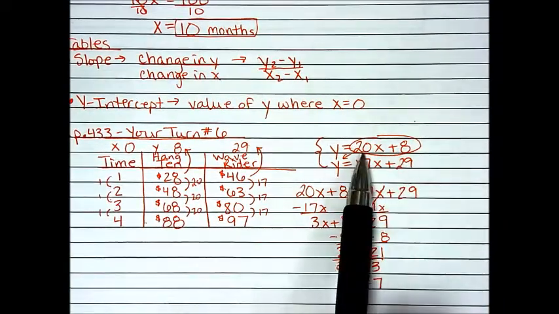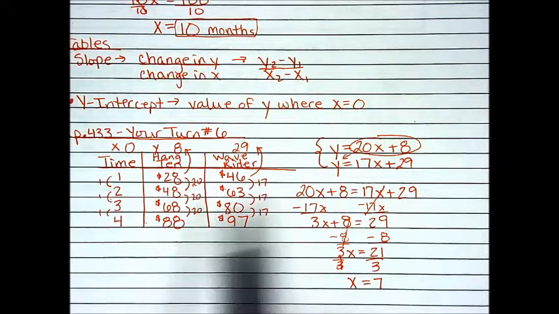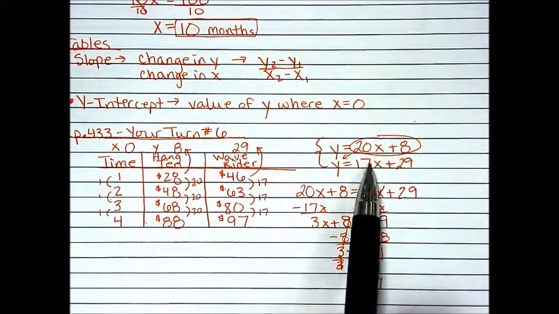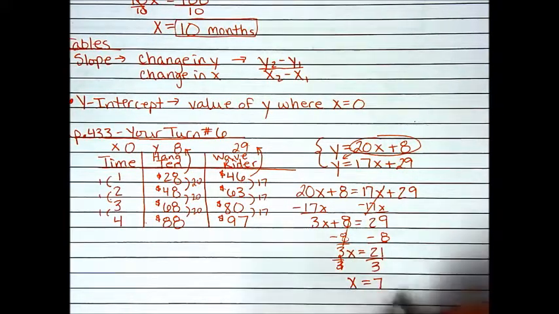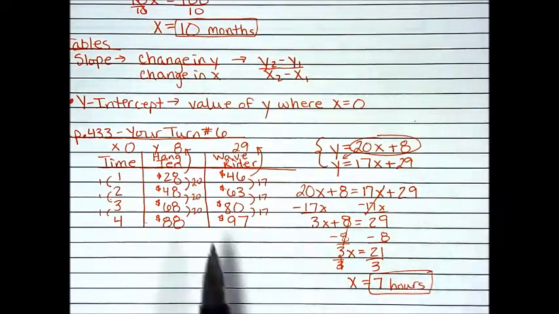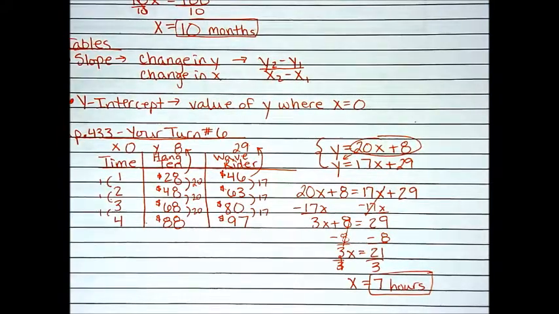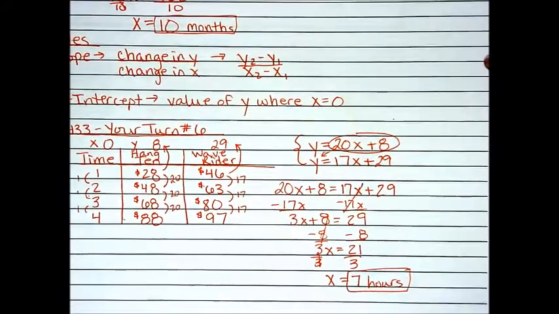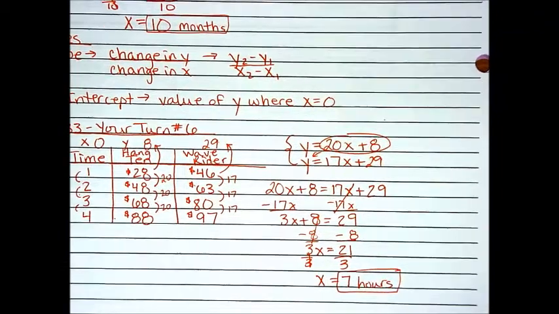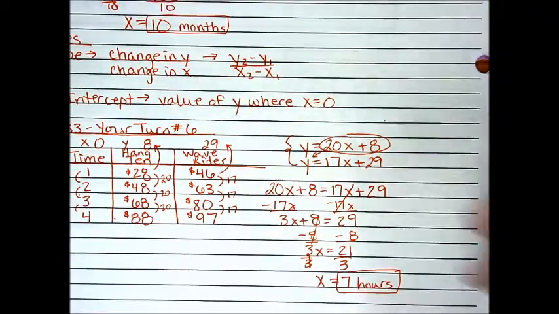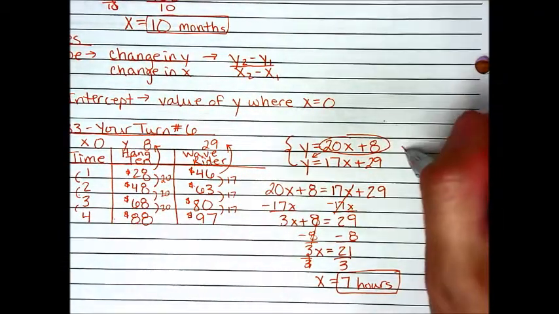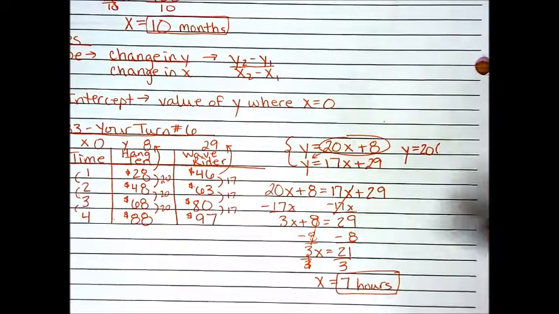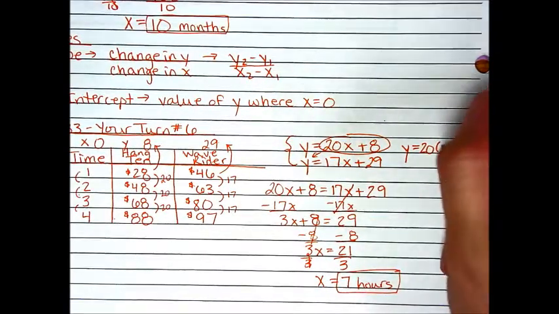And then look back. Okay, this was an hourly rate, so here your x is hours, $20 an hour, $17 an hour. So it means it's going to take 7 hours for the two surf shops to come out equal. And then you need to go ahead and figure out what y is going to be. It doesn't matter, I'm just going to go with the top one. y equals 20, and then for x I'm going to plug in my 7.